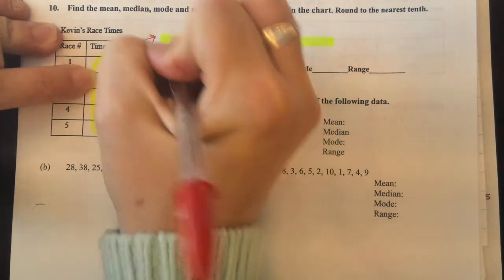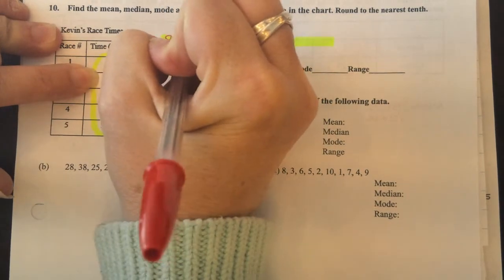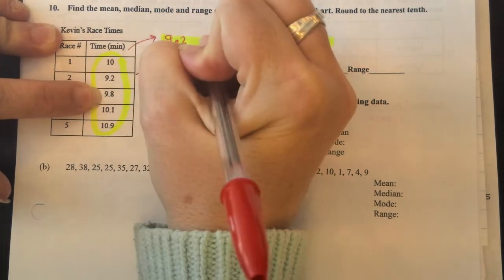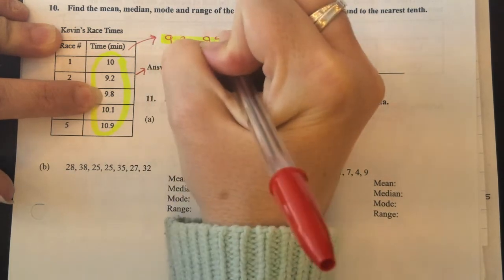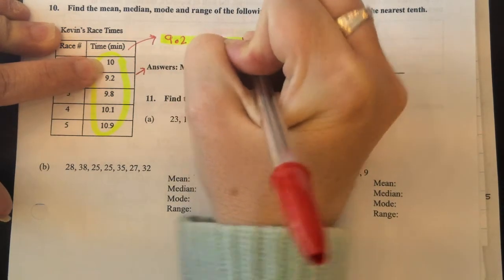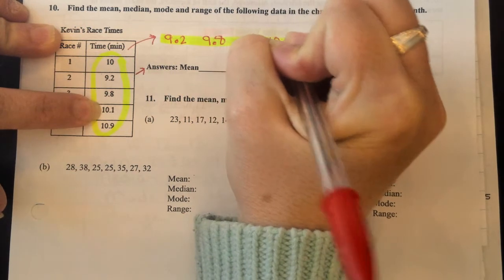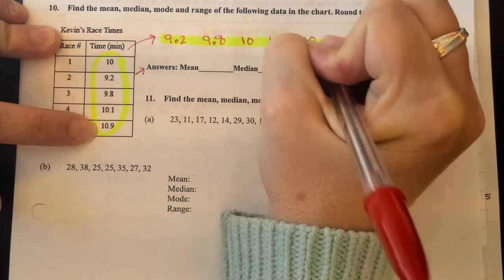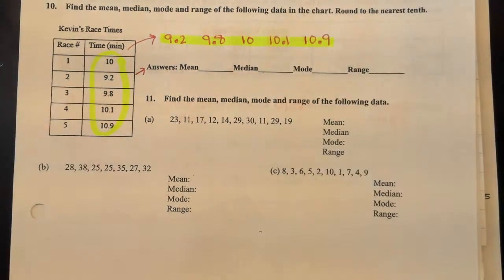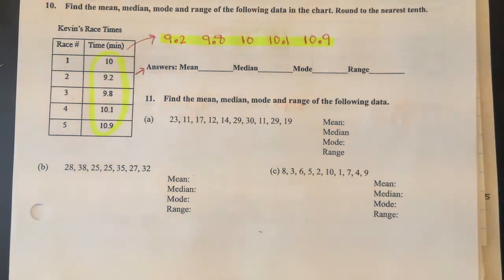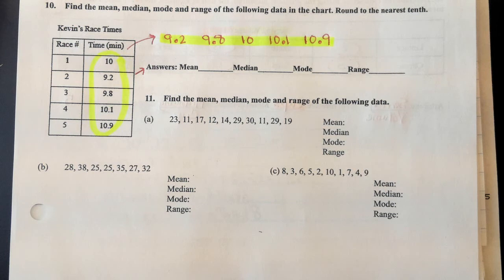So, looking at my list, I got a 9.2, 9.8, 10, 10.1, and 10.9. Now, once I have what I'm going to call put them in order from least to greatest, please ignore this list. Like, ignore the other side, because honestly, you might get confused. Okay?